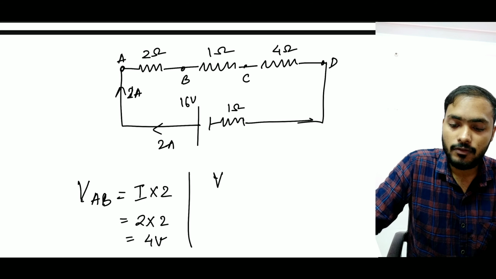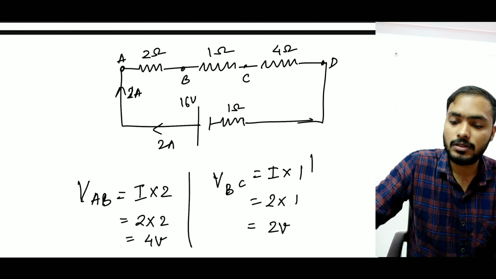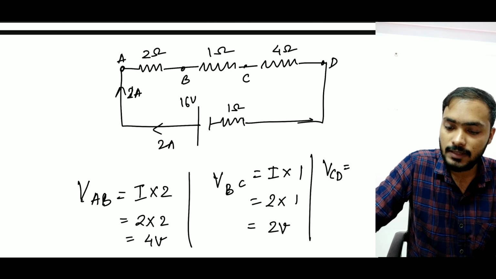Very similarly, VBC is simply equal to I times 1. I is actually 2 ampere, multiplied by 1 ohm, so this will be 2 volt. What about VCD? VCD will be equal to I times 4 ohm. I is 2 ampere multiplied by 4, this is 8 volt.